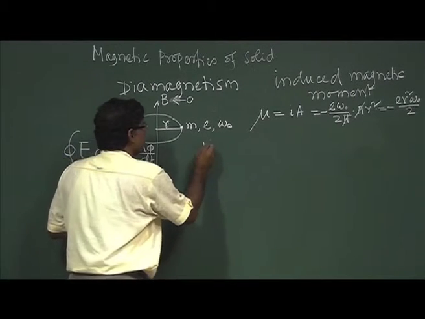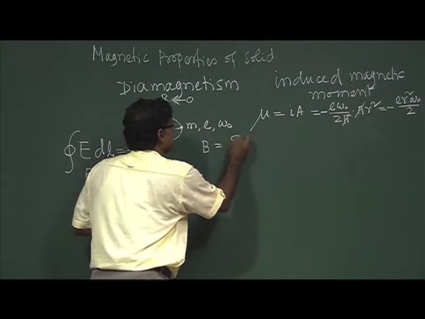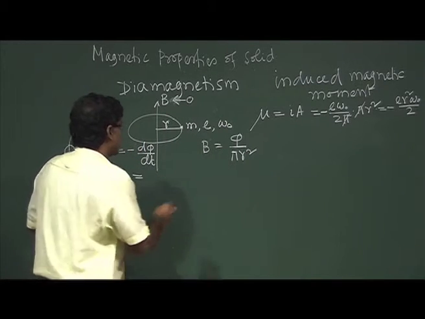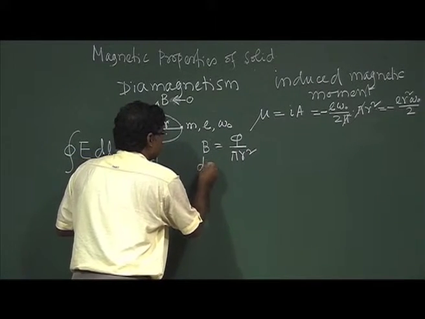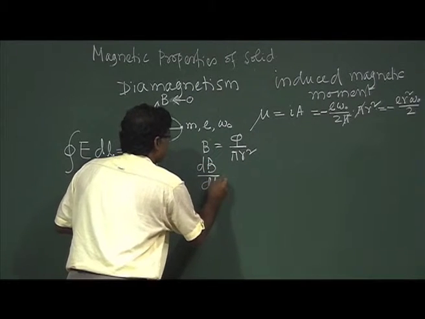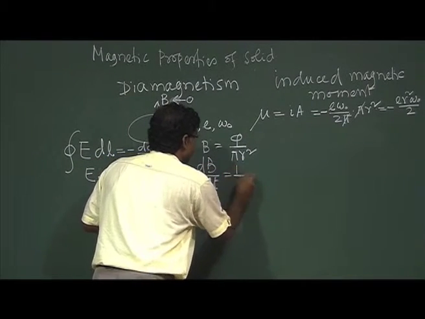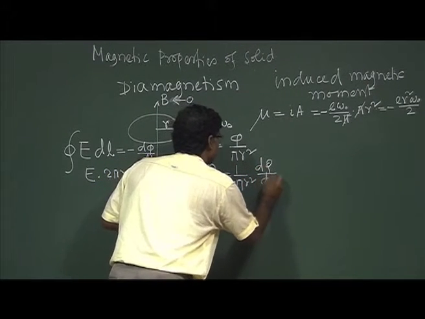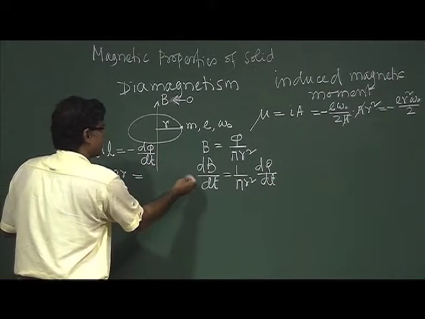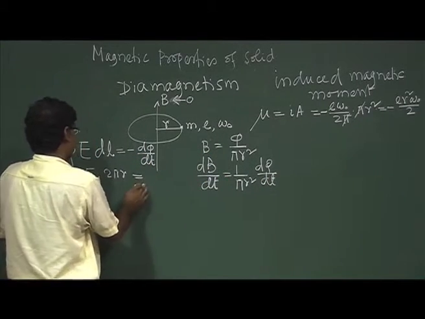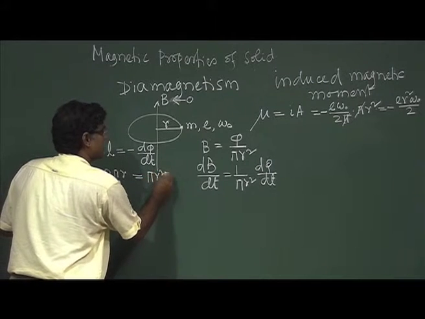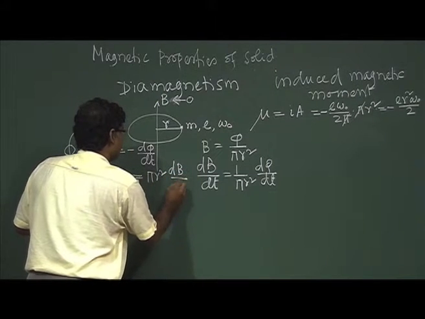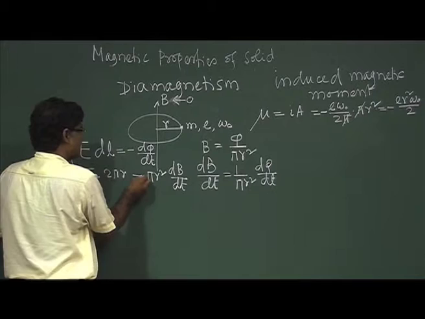Now, phi B is basically B times A, so B pi r square. So d phi by dt equals pi r square dB by dt, and the negative sign is there.